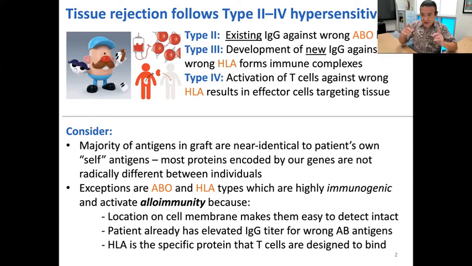So this might trigger what we call graft versus host disease, where the transplanted cells of the bone marrow itself, once they get in the new host, begin to go to work attacking everything that they see. So this can cause a lot of inflammation.